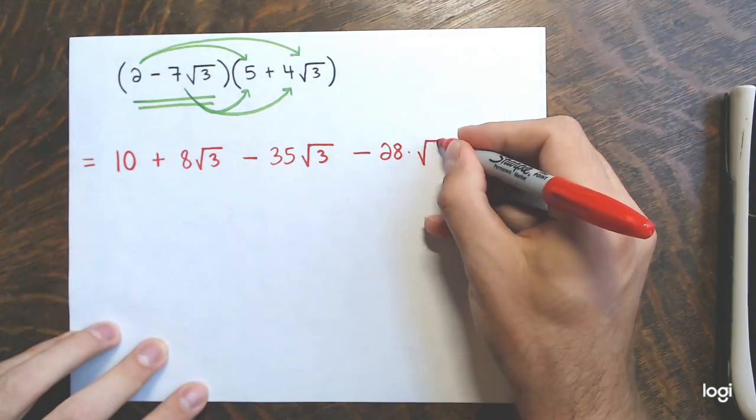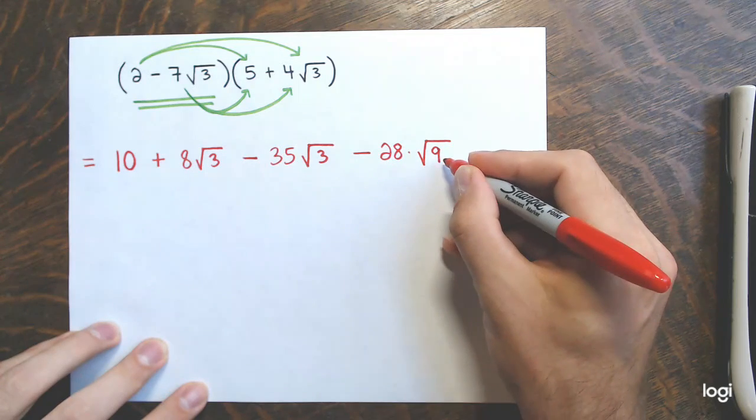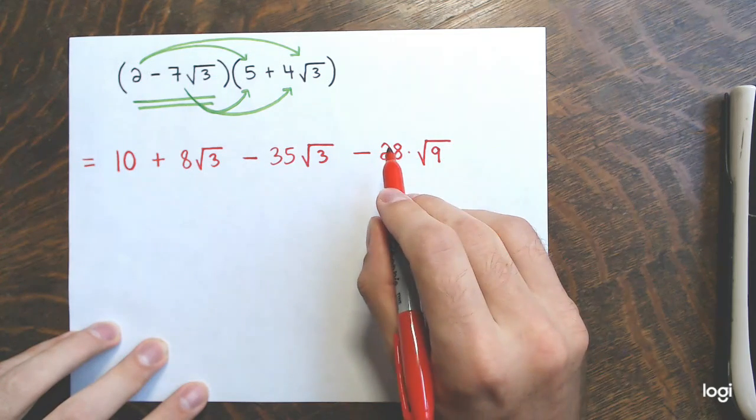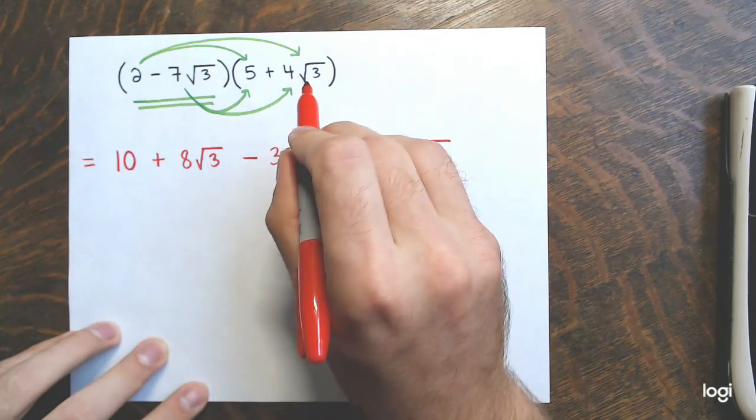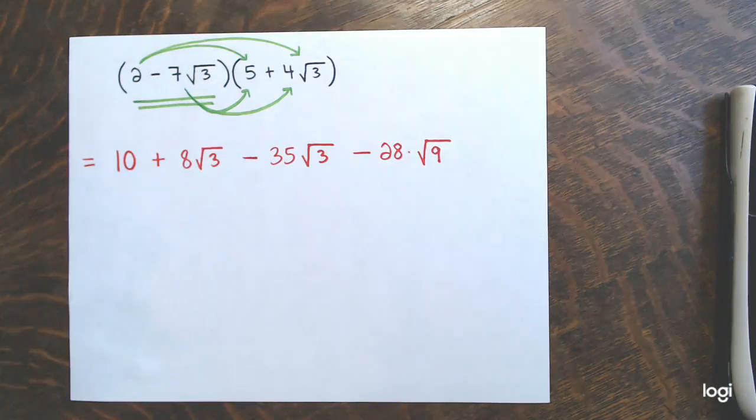That'll be the square root of 9. Right? That's the square root of 3 times the square root of 3. So here's the 7 times the 4. Here's the square root of 3 times the square root of 3. That's multiplying all these factors here. Right? The -7 root 3 times +4 root 3. Right? And then, of course, we simplify, combining like radicals and simplifying any radicals that need simplifying.